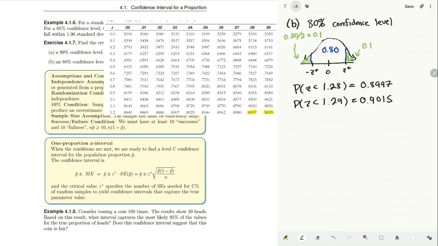Notice that 0.9 is closer to 0.8997 than it is to 0.9015. And so we'll choose the closer value, which is 0.8997. And so the critical value is 1.28.